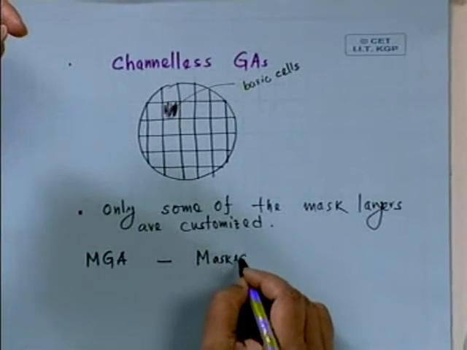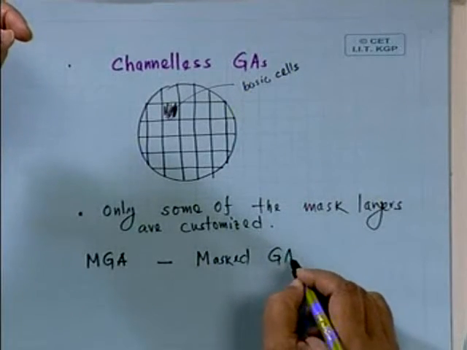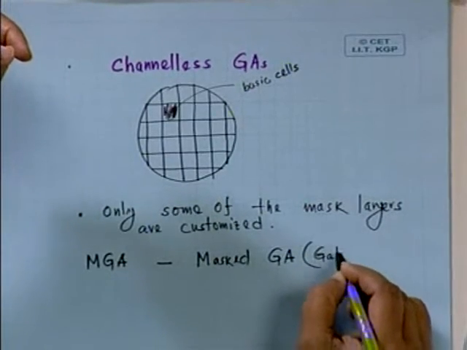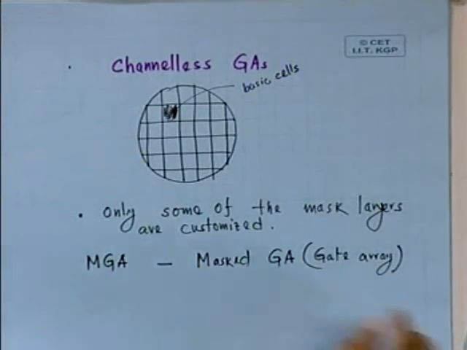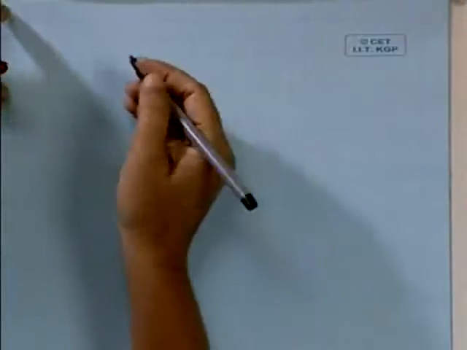In the market it is called that, masked GA. And the design turnaround time is almost the same, 2 days to 2 weeks. Now what is the basic feature of that, or the advantages over FPGA?